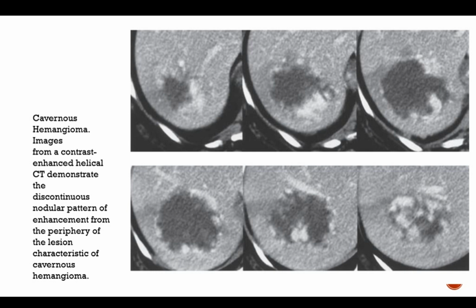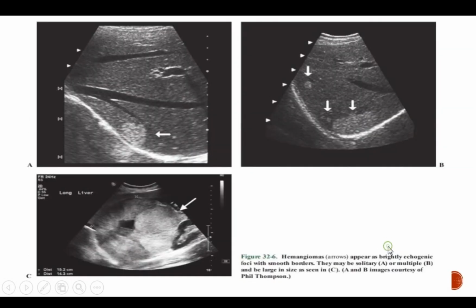That is why they have a characteristic enhancement pattern. On contrast enhanced CT, it starts off as a discontinuous nodularity around the periphery of the lesion. Then it gradually shifts to fill the center. They also show delayed enhancement, delayed contrast washout.